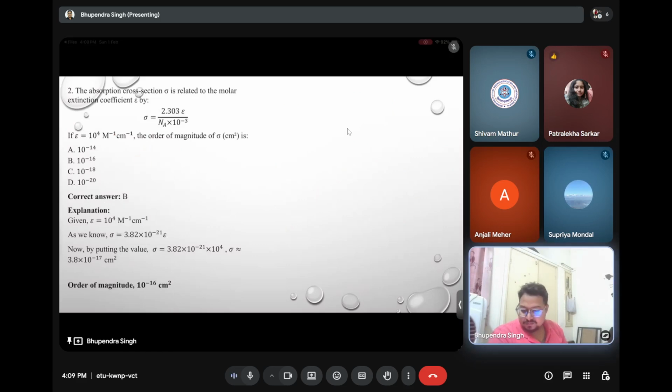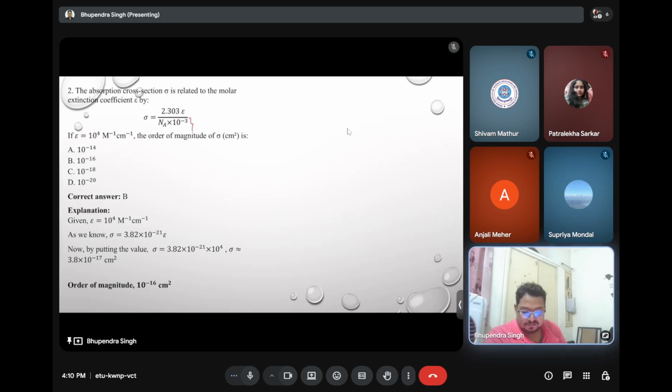Moving on, the absorption cross section sigma is related to the molar extinction coefficient epsilon by this formula. In the assignment this is plus 3, if you have noticed, but it was wrong.